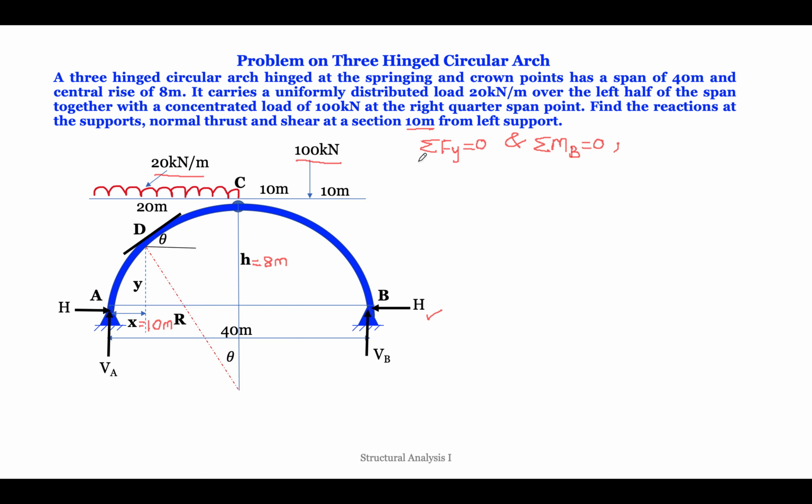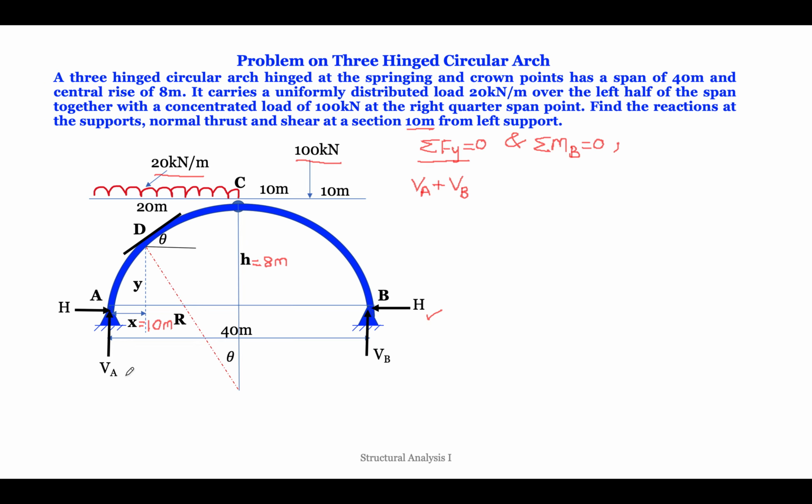So coming to the first equation, let us calculate the summation of forces in y direction. At support A it is VA, so VA plus VB. At support B there is the other force VB.